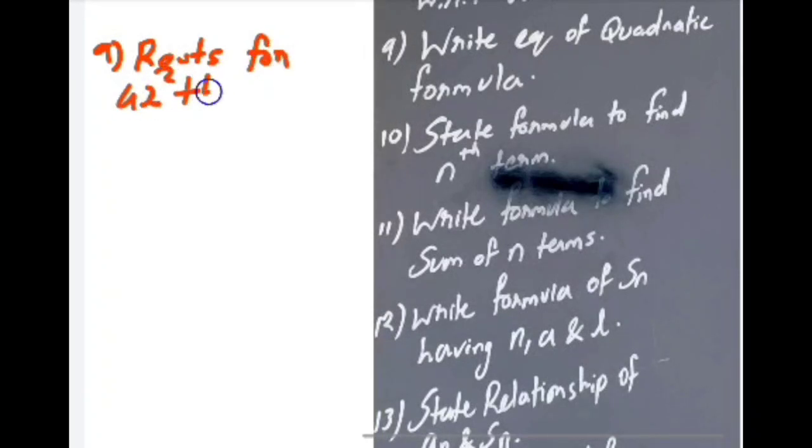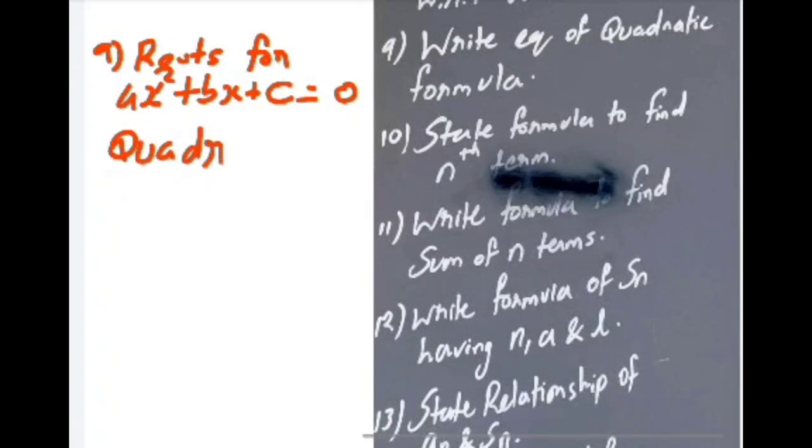Now write equation of quadratic formula. So roots for quadratic equation ax square plus bx plus c is equal to 0. This is quadratic equation. Okay, standard equation. Now we have to write the quadratic formula.